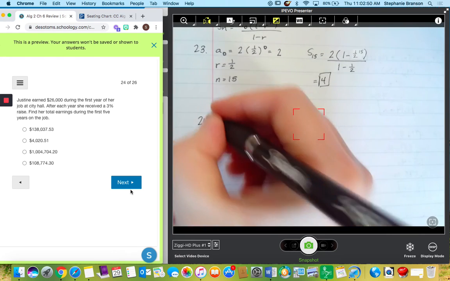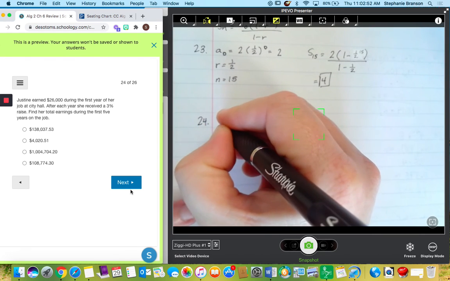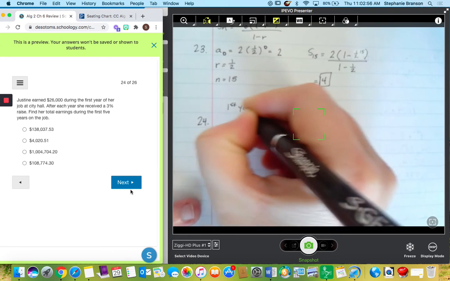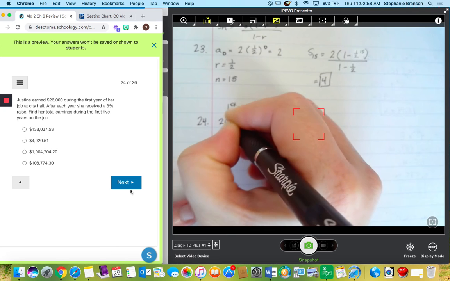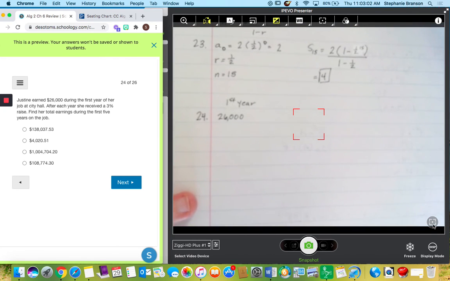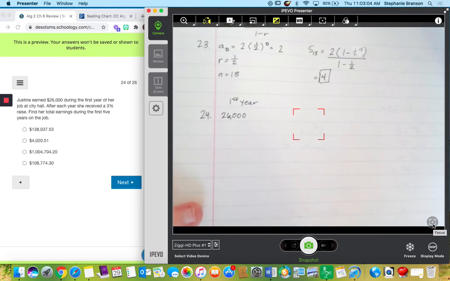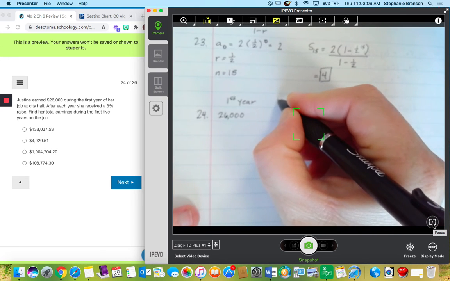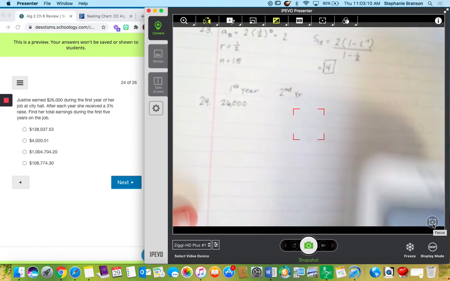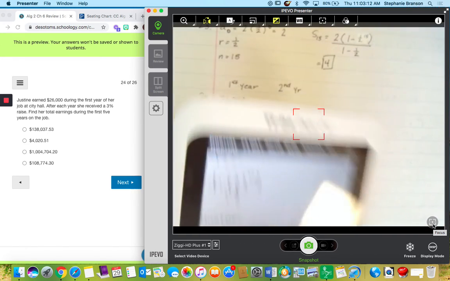So during Justine's first year, she made $26,000, right? During her second year, she had a 3% raise.